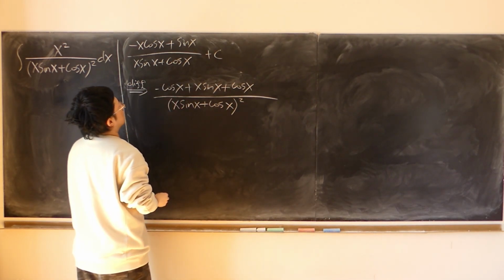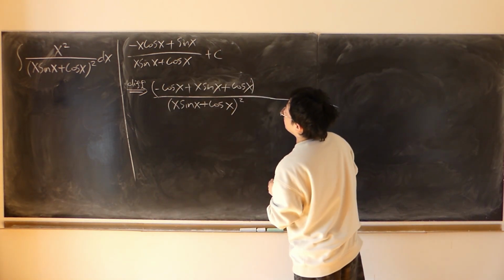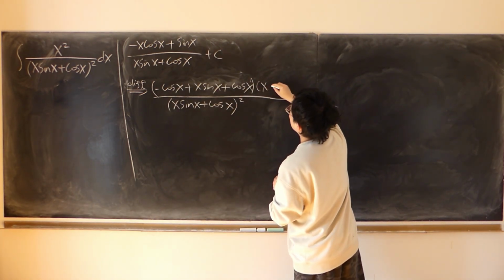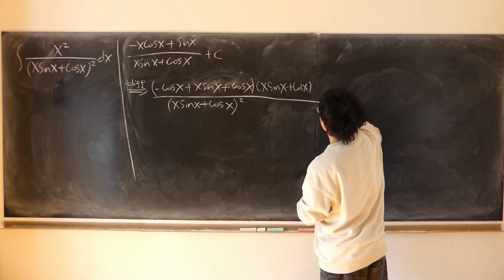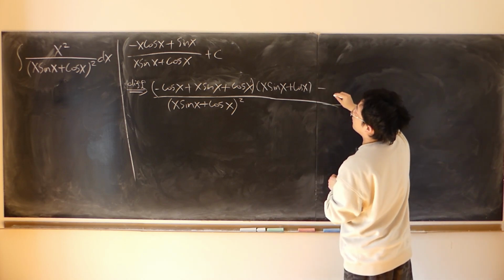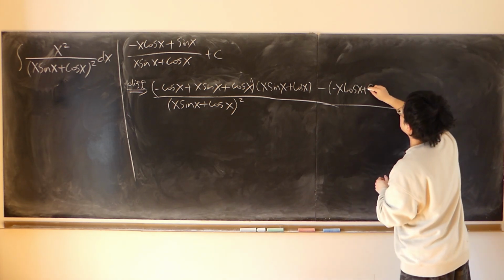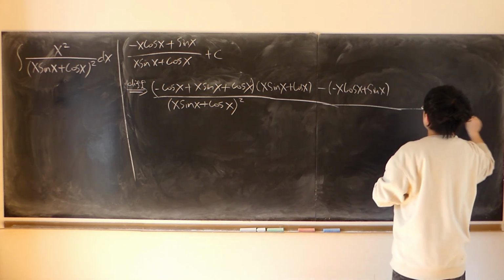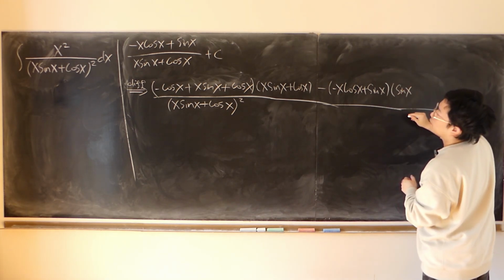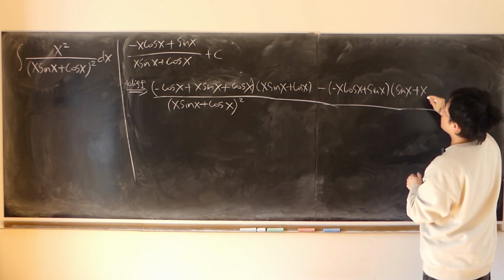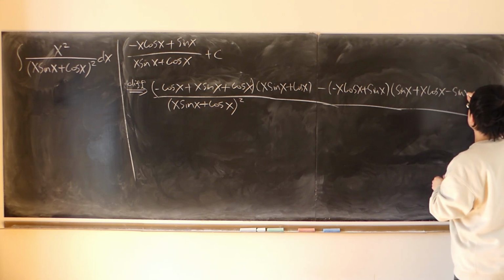That's the top derivative, multiplied by the bottom, cosine x, minus copy down the top, negative x cosine x plus sine x, times the derivative of the bottom: sine x plus x times cosine x minus sine x.